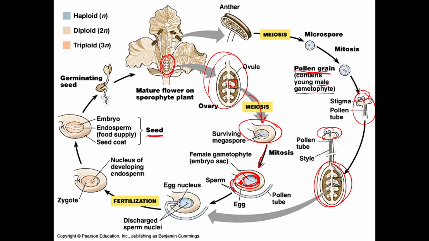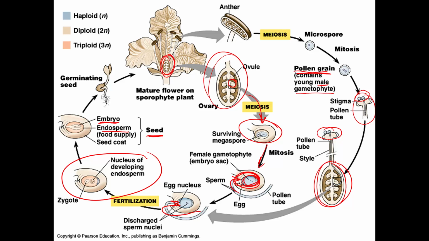And then the sperm gets inside, right, to fertilize it. You get a zygote that starts to develop, just like in humans. And then just like in humans, we even call it an embryo, right? And it's made up of the embryo, the endosperm, which is kind of like the amniotic fluid in a human.